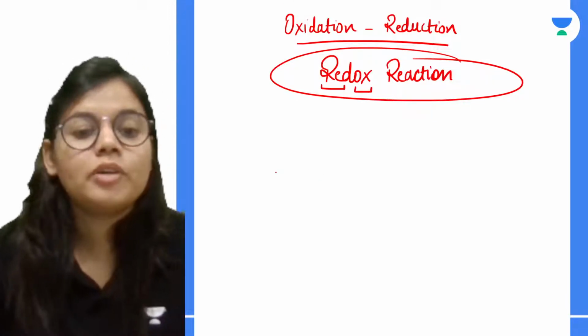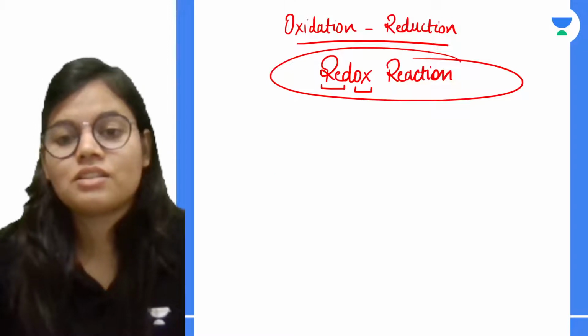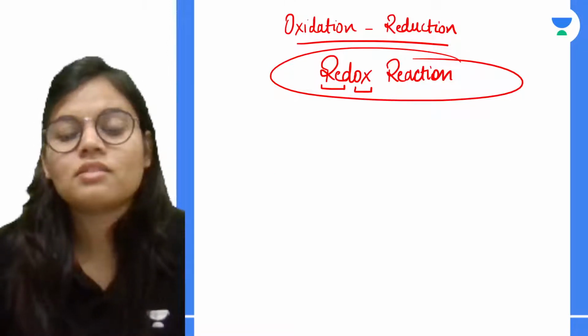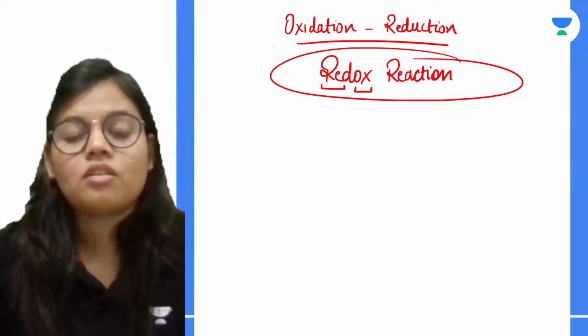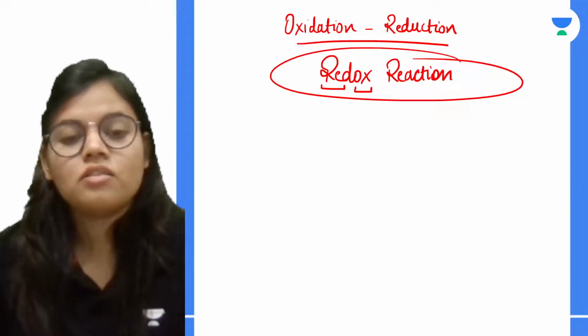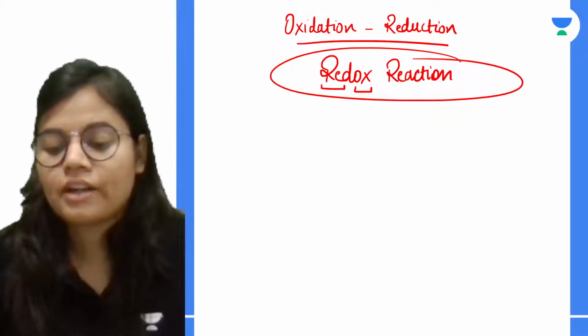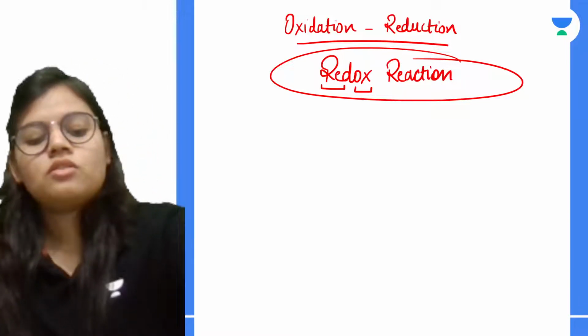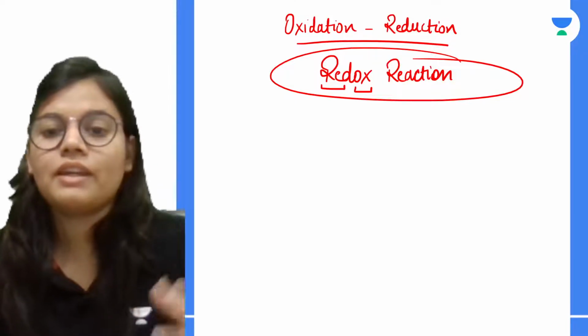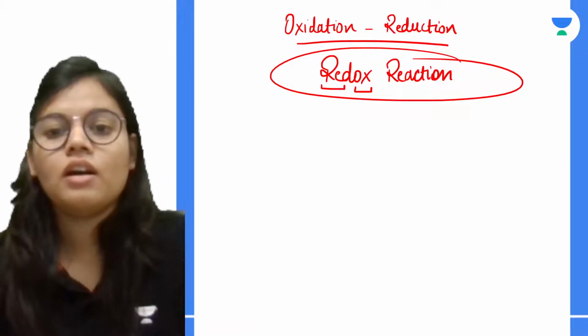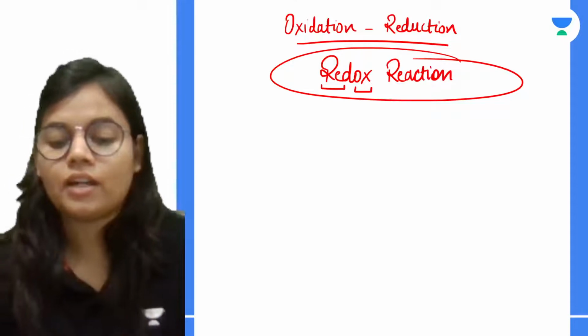Why this word? Because oxidation and reduction always take place simultaneously. So instead of saying oxidation and reduction reaction, we use the short form redox reaction. How do they go together? We will learn once we get an idea of both oxidation and reduction.